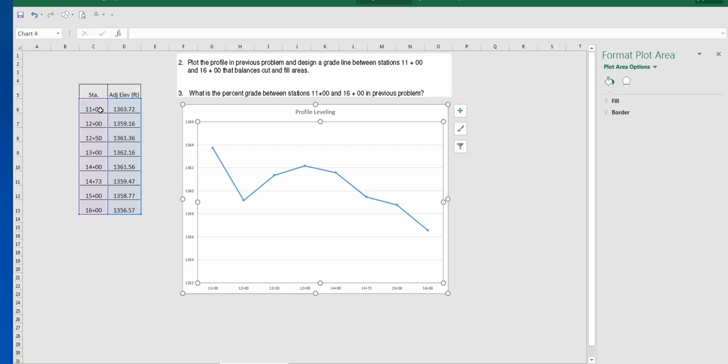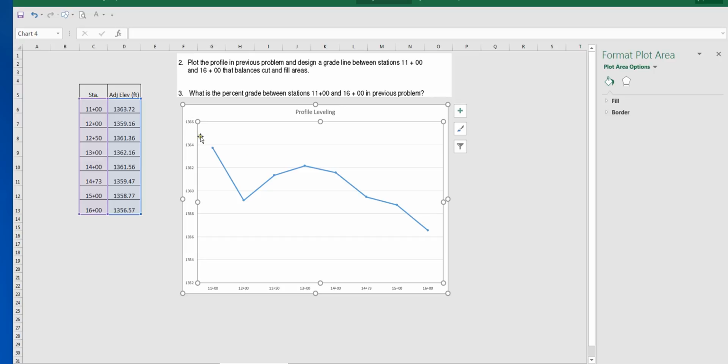So I only used the stations and its elevations to draw this. So the very first one is station 11 is plotted up at 1363. Station 12 plus 0 is 1359.16. Station 12 plus 50 is 13 and so forth. So the ground, this is what the ground looks like at those stations.